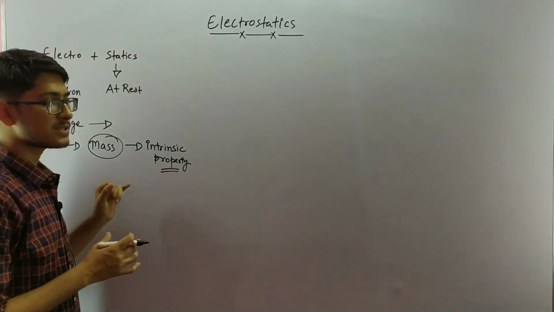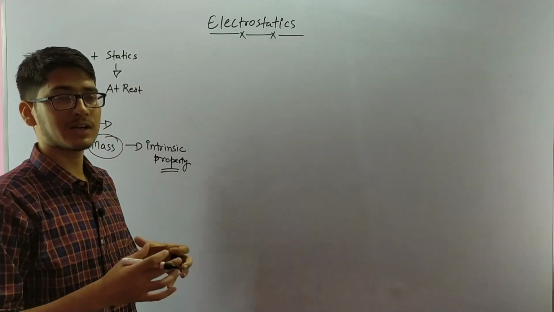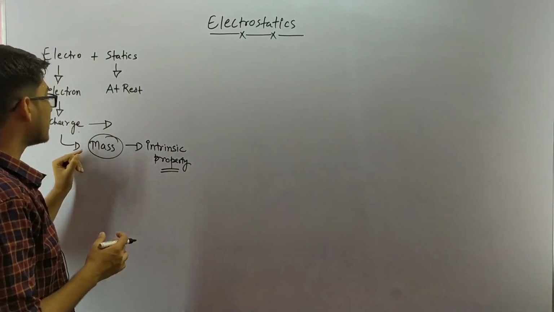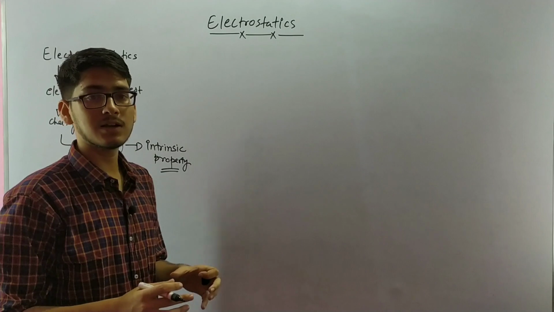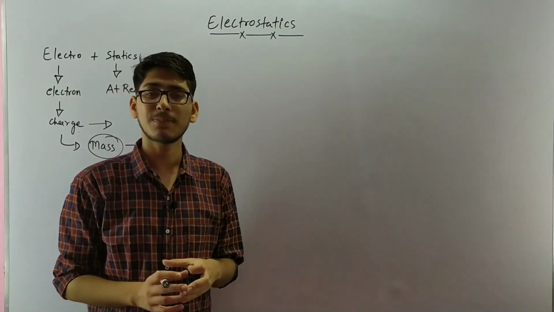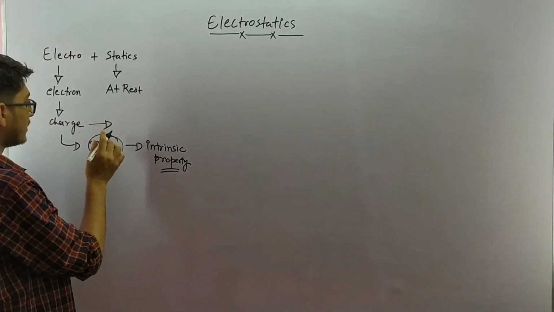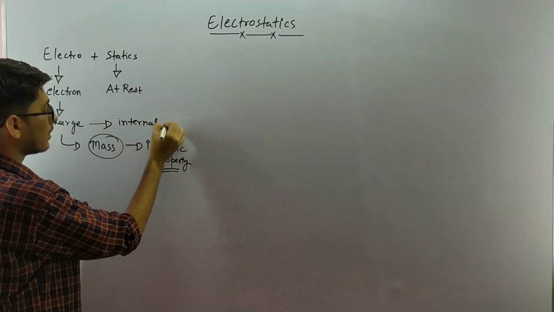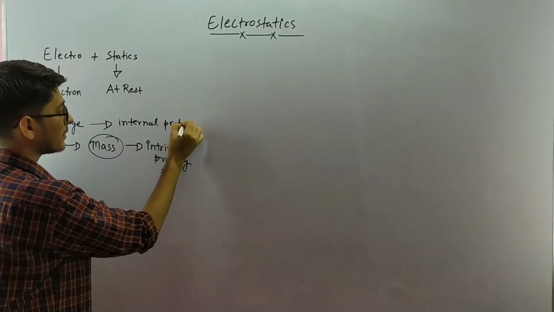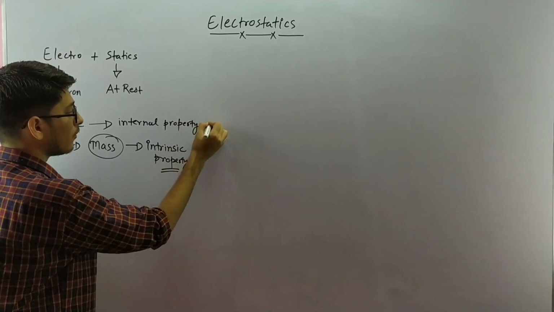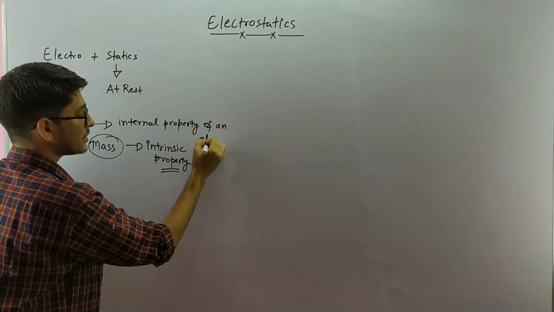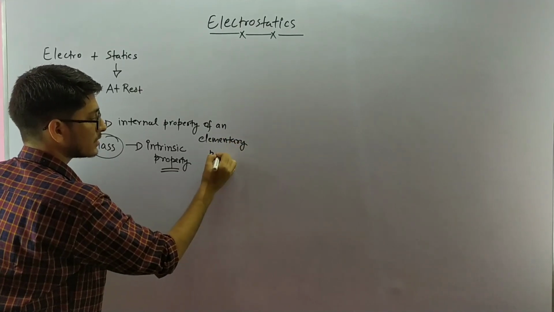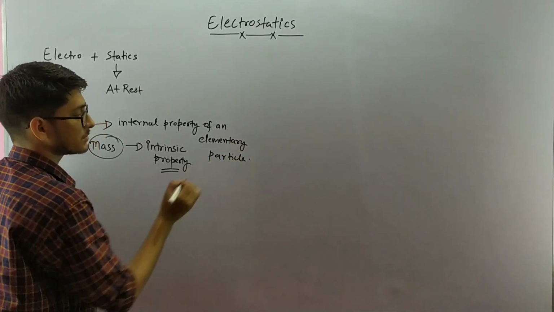As mass is defined as the matter contained inside the body, similarly, charge is due to the internal effects inside the particle, and we will define it in the following manner: the internal property of an elementary particle. This way we define charge.